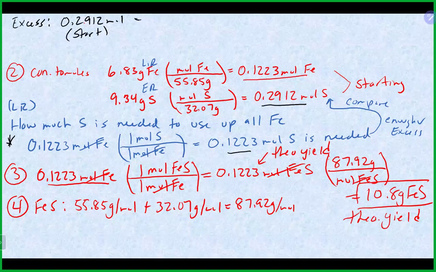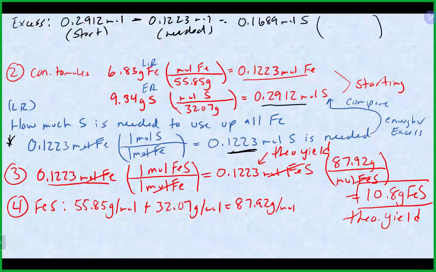We know based on our calculation for the limiting reagent that we need 0.1223 moles of it. That will tell us that at the end of this reaction, we will have left over about 0.1689 moles of sulfur.